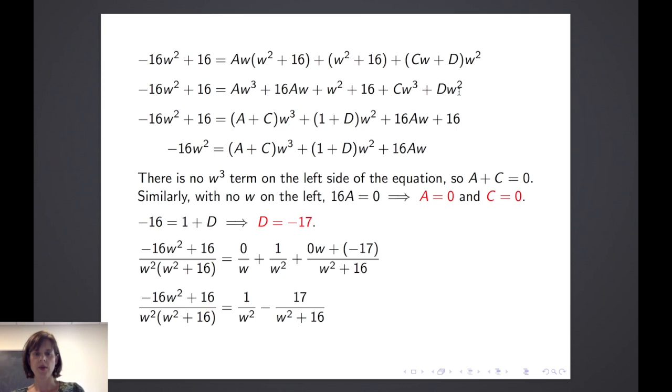So I know that my negative 16W squared plus 16 over W squared times W squared plus 16 is 1 over W squared minus 17 over W squared plus 16. And if you go through and find a common denominator on that right-hand side, you should get back to negative 16W squared plus 16 over W to the 4th plus 16W squared.